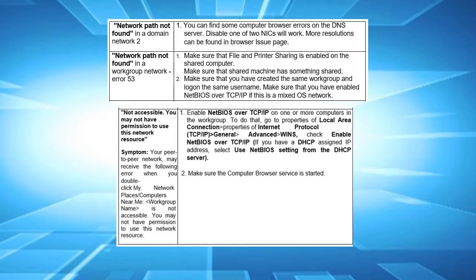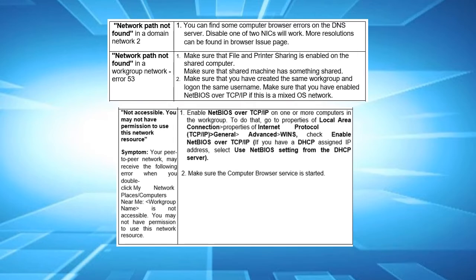The solution for this is to enable NetBIOS over TCP/IP on one or more computers in the workgroup. To do that, go to Properties of Local Area Connection, then Properties of Internet Protocol (TCP/IP), then General, then Advanced, then click WINS, then check Enable NetBIOS over TCP/IP.